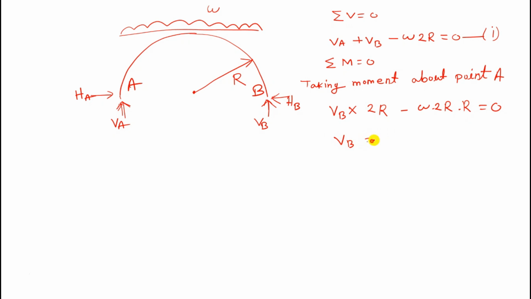So VB will be W into R. So from the equation 1 we can get VA is also W into R. Okay. So VA will be WR and VB will be WR.